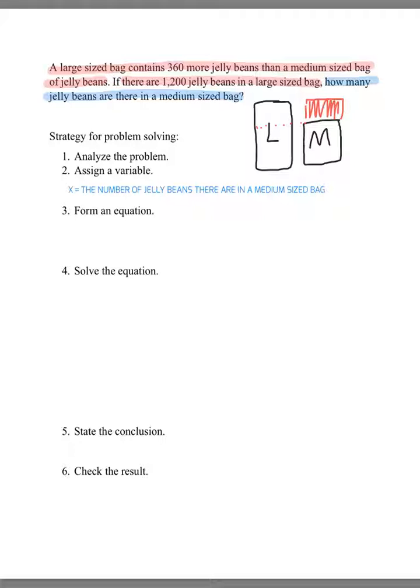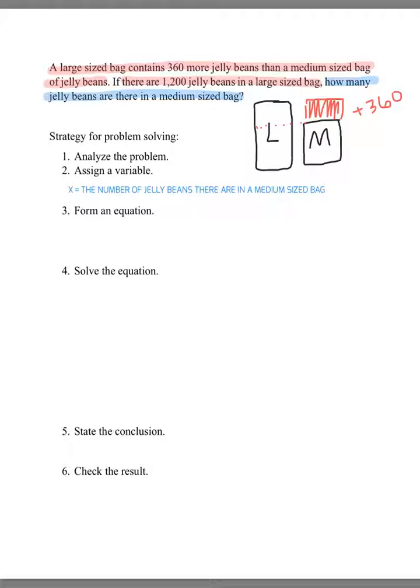Now the question is, do we know how many jelly beans we need to fill it in with? We actually do. In the first sentence, it says that a large-sized bag contains 360 more jelly beans than a medium-sized bag of jelly beans. So this quantity that we're missing is 360.